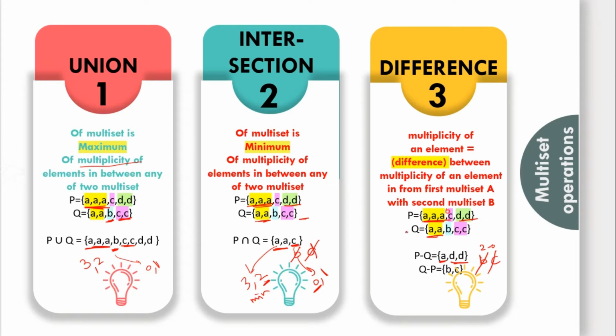P minus Q will be 3 times A minus 2 times A, which becomes 1 time A. For example, here B appears 0 times minus 1 time B. We never write any element with negative multiplicity, so we will not consider this B. Proceed for the next, we will get the answer: P minus Q is A, double times D. Q minus P is B, C.